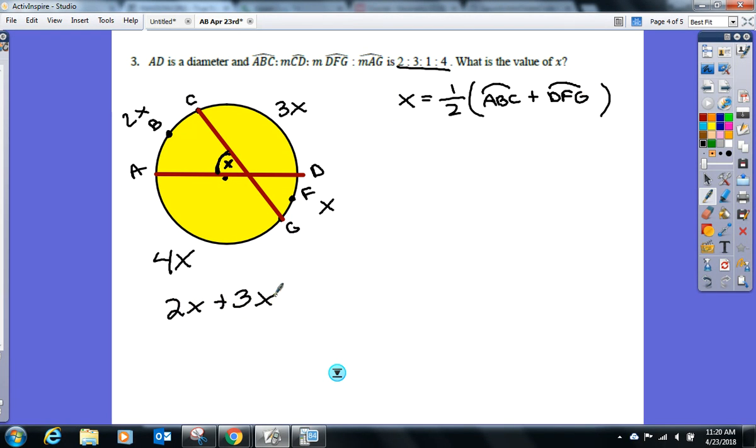So 2x plus 3x plus x plus 4x, yep, equals 360. How many x's there? 10. So x ends up being 36.